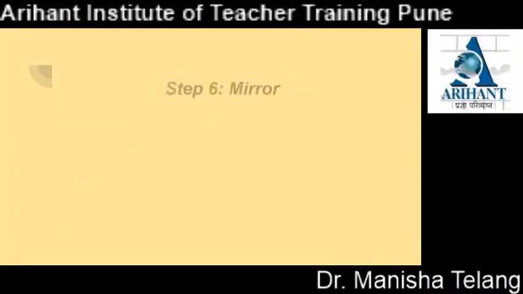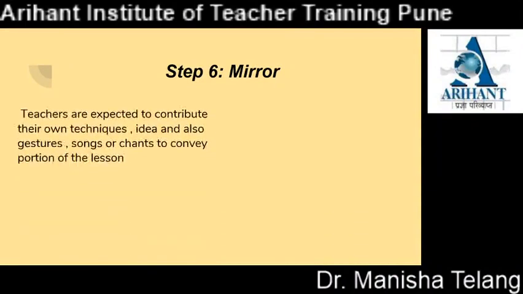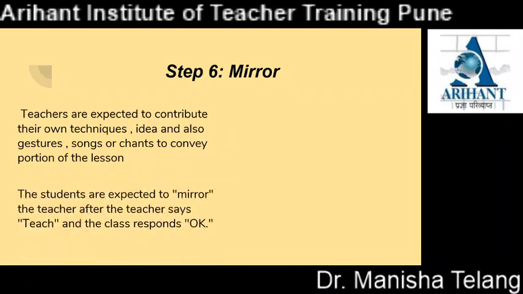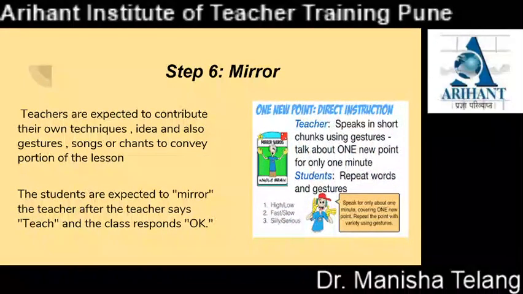The sixth step is mirror. Similar to the hands and eyes step, this step allows the teacher to gain control of the classroom. The students have to repeat the action of the teacher. This is the main part of the lesson, where the teachers are expected to contribute their own techniques and ideas to convey the content during the session.